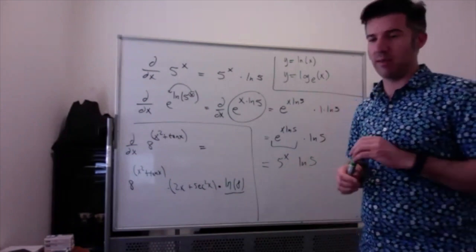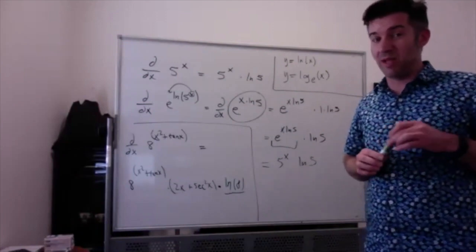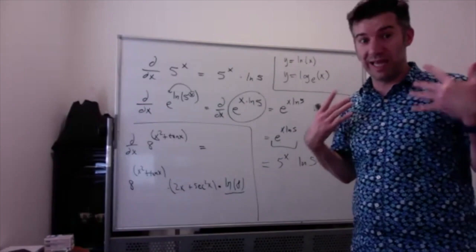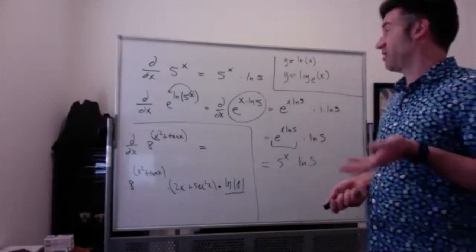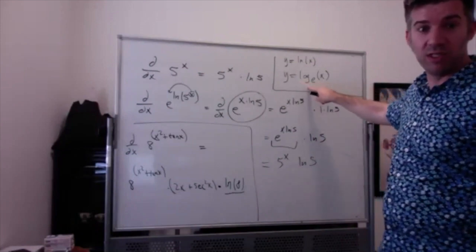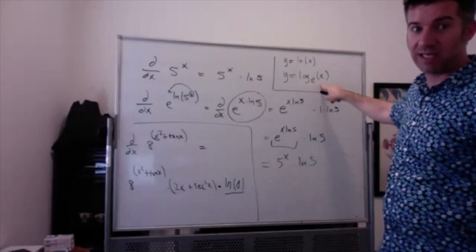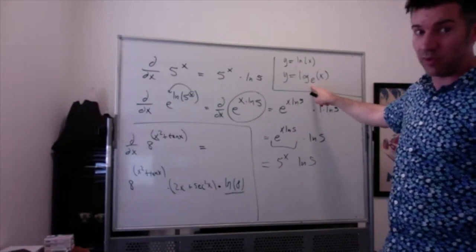I actually think, and I'm not 100% sure on this, but I'm fairly sure it comes from typesetting, back when they were trying to use less ink and fewer letters in the typesetting of books. Someone was like, I don't want to write LOG subscript E of X every time I have to use this logarithmic function, which is the most popular logarithmic function.